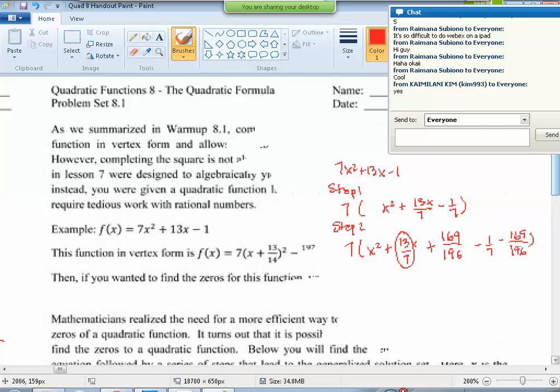So it's 13 over 7 times 1/2. 7 times 2 is 14. That's where I got that from. And then I squared it, and that's how I got this ugly number, 169 over 196. We cool?